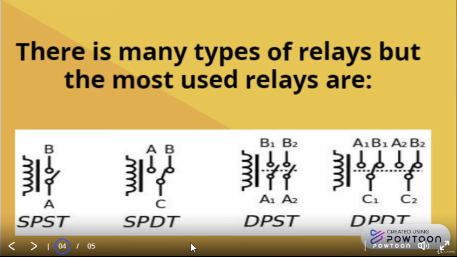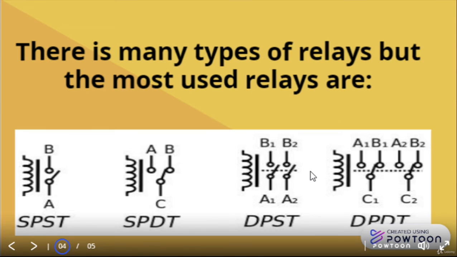Okay, the third type is the double pole single throw. That means that this relay has two switches like the first type, and if I connect a DC current into the coil, these two switches will be closed together.